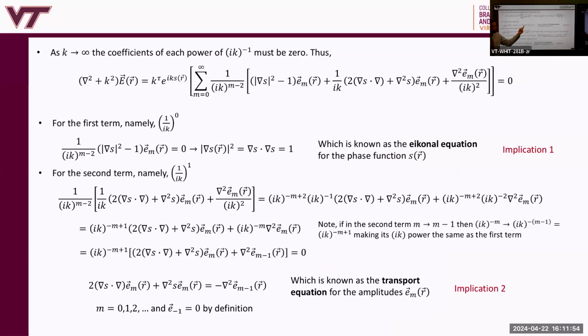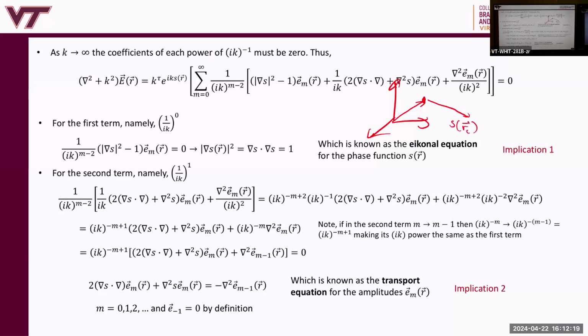The wavefronts, so what is S? S is the phase function, right? With respect to some point, let's say here, we have this function S of R. So from here, we can say this is S of R1.